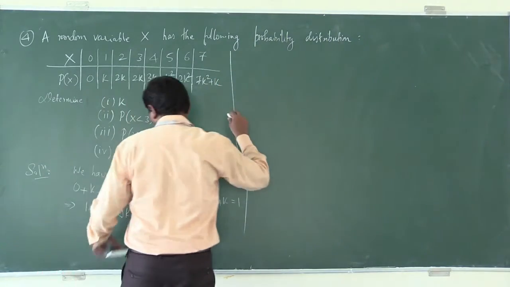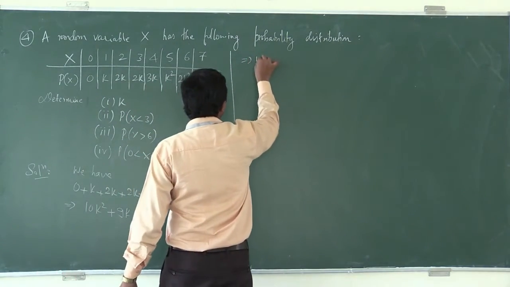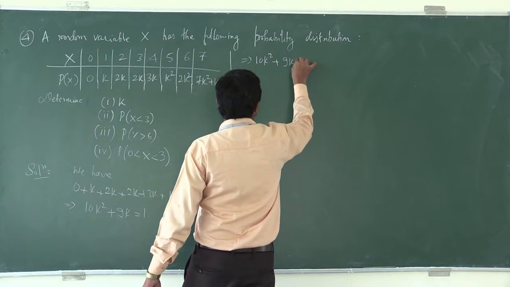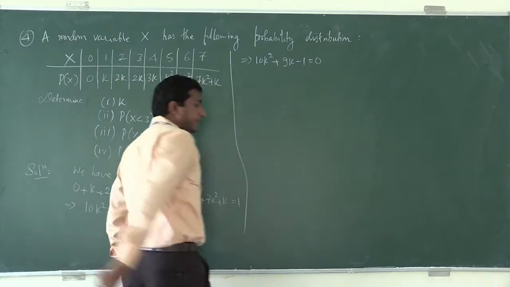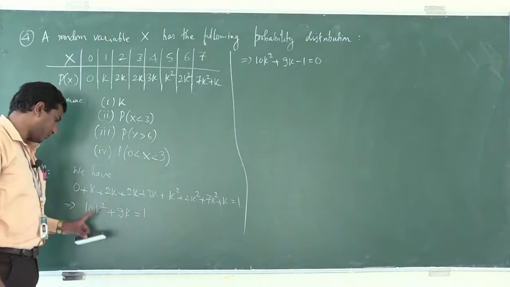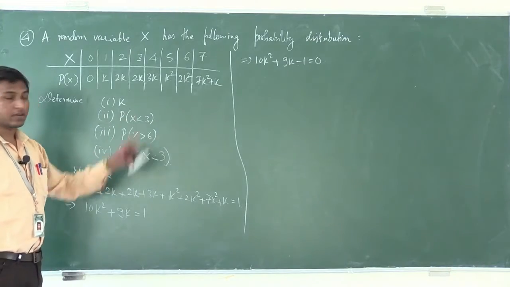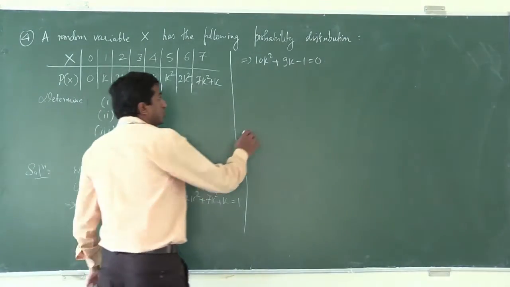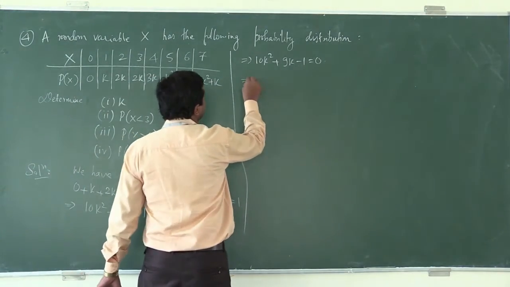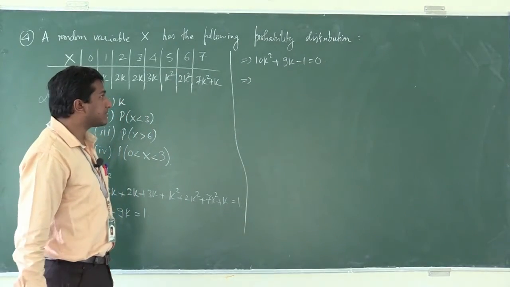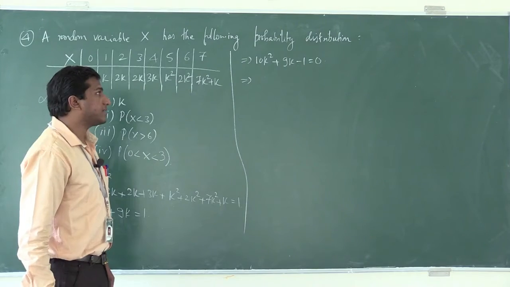So we take 1 on the LHS, we get 10K square plus 9K minus 1 equals 0. So this is a quadratic equation. I can have the factors as plus 10k and minus k.